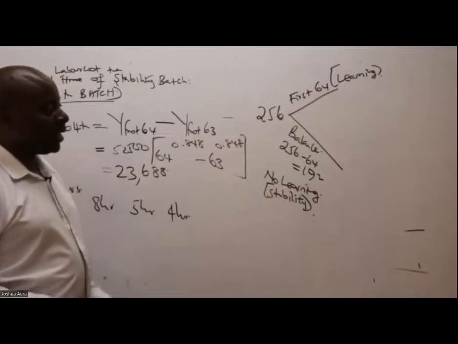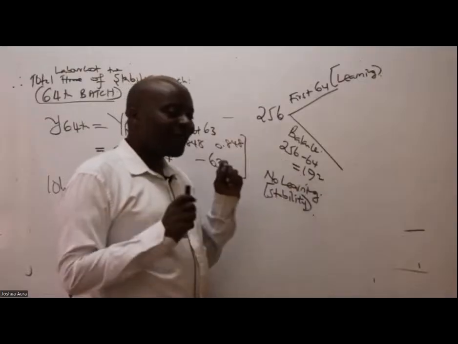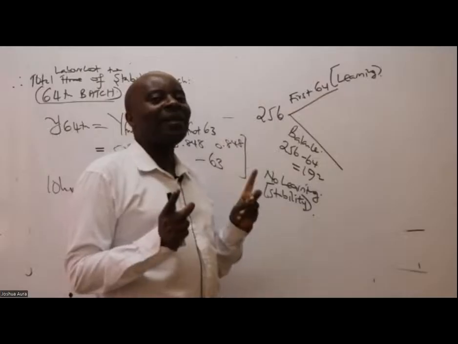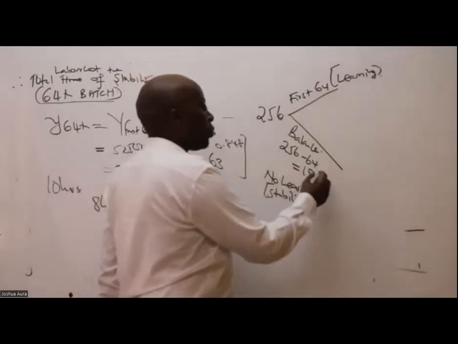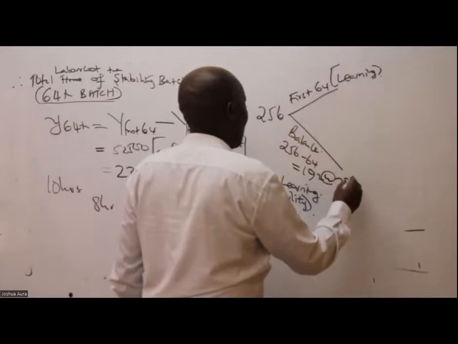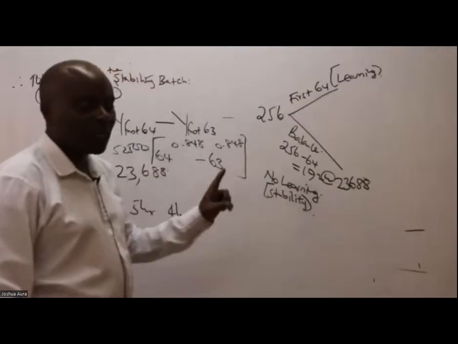What does that mean? That after we stabilize, each one of these 192 batches will take the stability cost, 23,688. Each one of these, after you've stabilized.